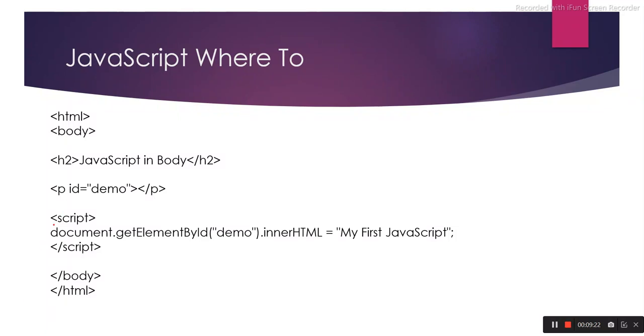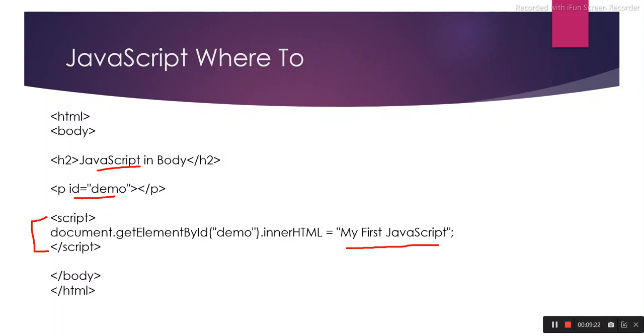See here, this is the formal way of writing the script tag. So there is the HTML body tag, and inside this I am having JavaScript, and then you have a paragraph, and then document.getElementById demo.innerHTML equal to my first JavaScript.